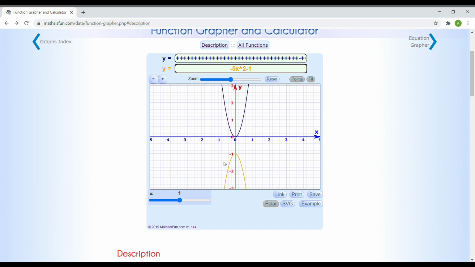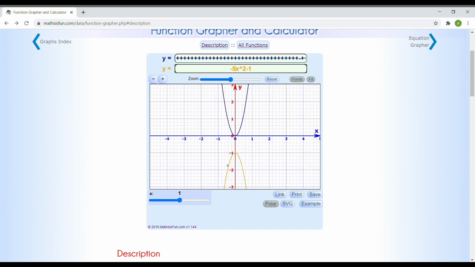It's in the reverse direction. So whenever the coefficient of x² is negative, the parabola will be inverted, and whenever it is positive, the parabola will be U-shaped upwards. And if you observe, whenever it is inverted, we will have the maxima.